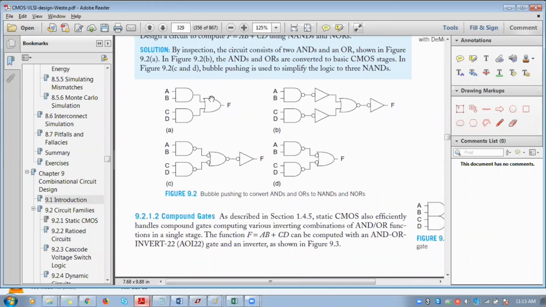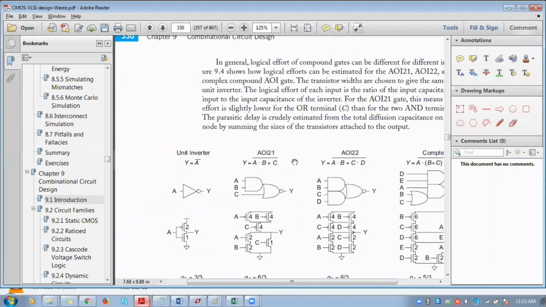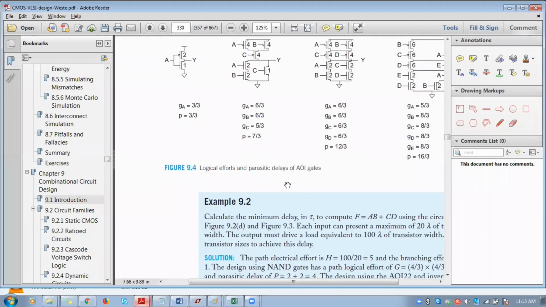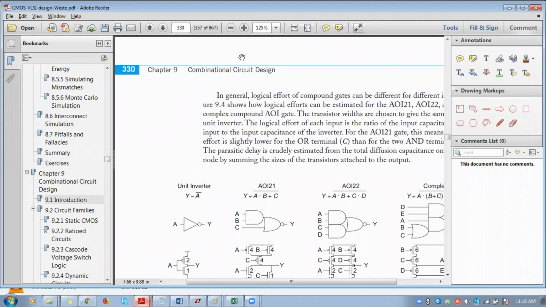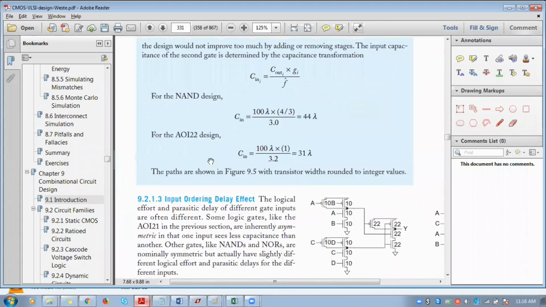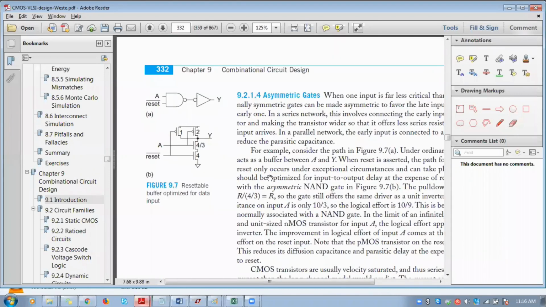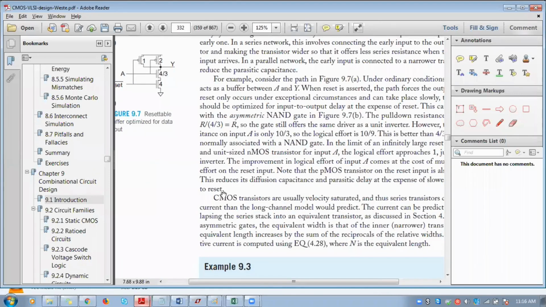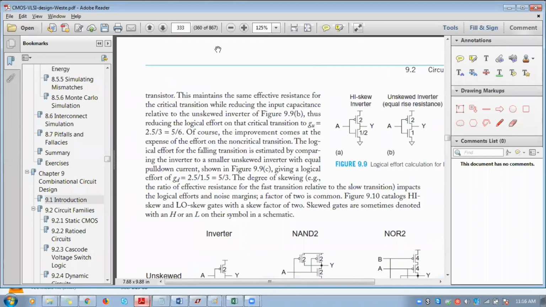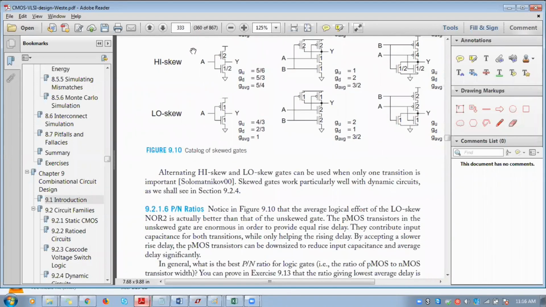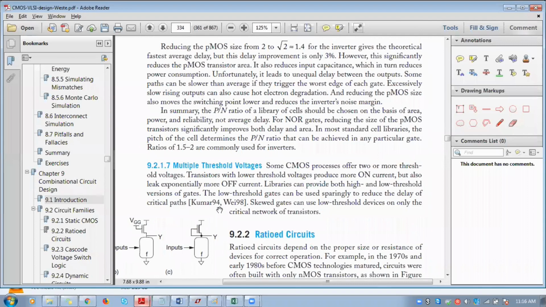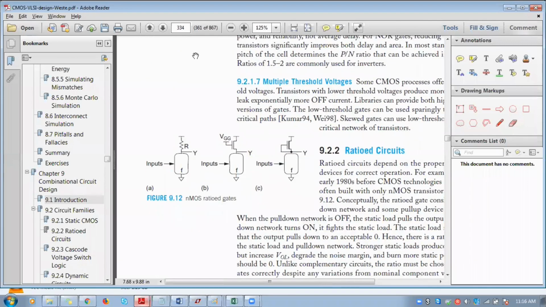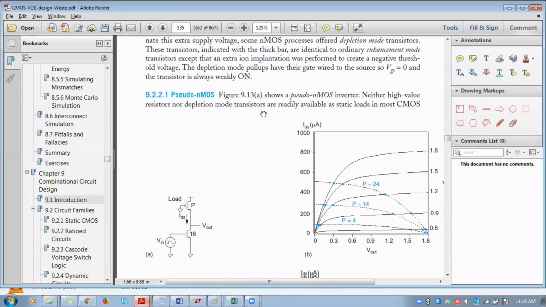Yesterday you might have seen a question on how to design a symmetric NOR2, right? That also comes under the static family, ganged CMOS. In a ganged CMOS circuit, all the logic you have to design only using inverters. So we have to design the entire circuit only using inverters.